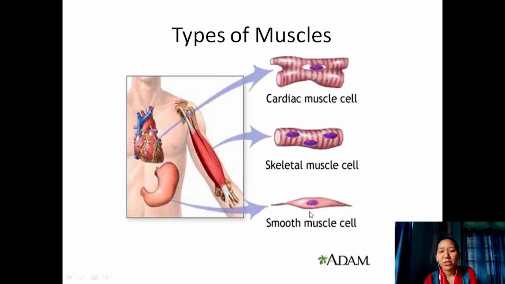The shape is spindle, and the location is usually the visceral organs, and the functioning, we cannot control the movement, contraction and relaxation. For example, in the muscle present inside our stomach, there is a churning movement of the food, and that muscle contraction and relaxation takes place in our stomach.